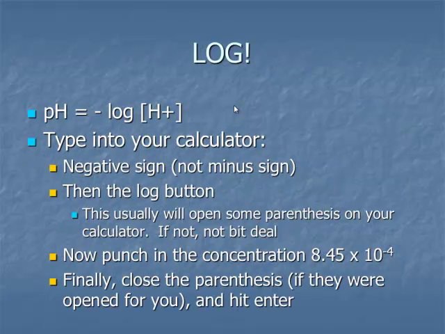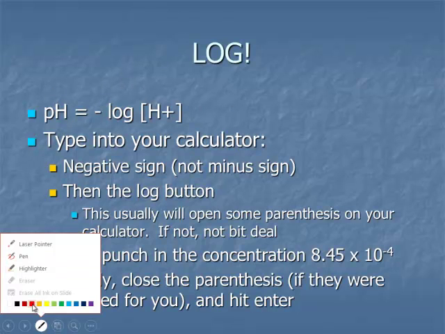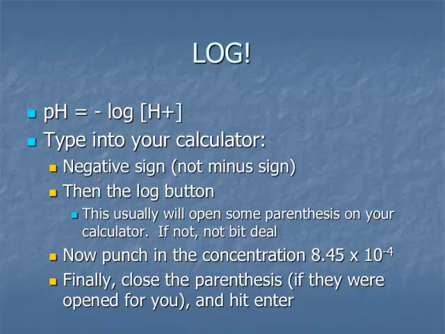Okay, so on your calculator, we are going to do this formula here. I don't know if many of you understand the math behind how you went from a power of 10 to just a whole number, but that is exactly how you do logs. So pH is equal to the negative. You know how on the power of 10 on the molarity you've got negative numbers and then it magically turns into a positive pH?